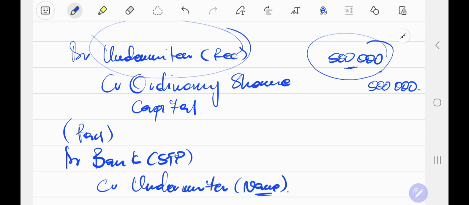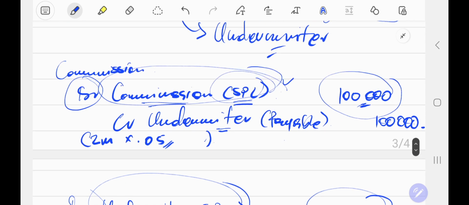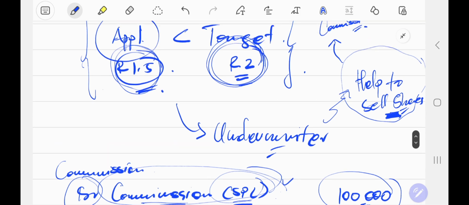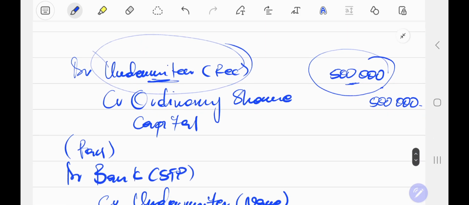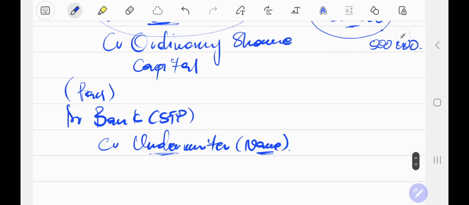They will give you the name of the underwriter. If the name of the underwriter is Madluputu Underwriters, you write there Madluputu Underwriters. So how much will they pay us? We owe them 100,000, they owe us 500,000. So what they will pay is the difference, which is 400,000.